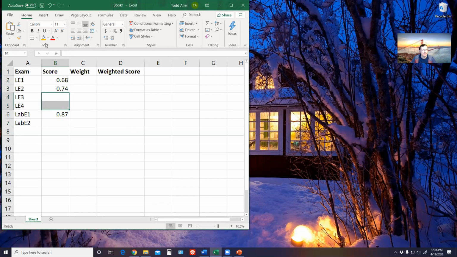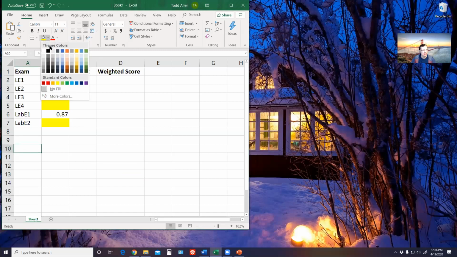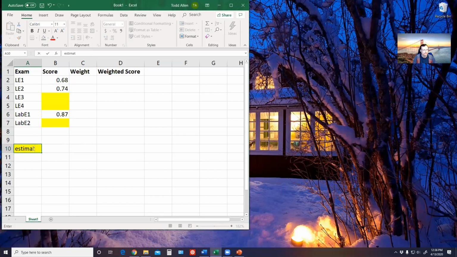Now we have 2 lecture exams and a lab exam which we haven't taken yet. Anything in yellow here means that we have to estimate what you think you can get. For lecture exam 3, which again is 2 weeks from today, what do you think you can get?